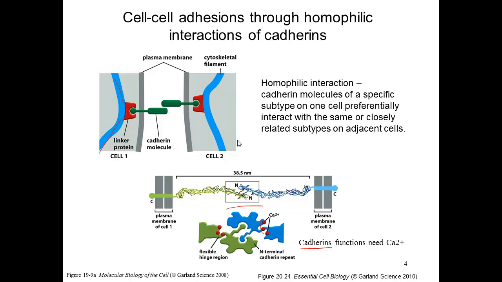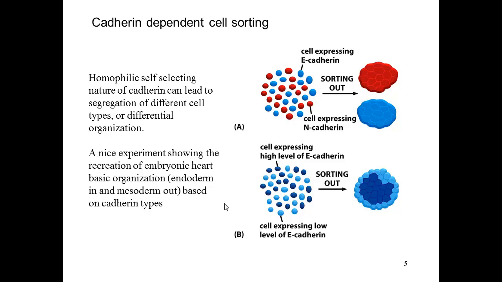Homophilic binding refers to the fact that these two molecules are the same, even though they're different colors. Because homophilic interactions match up cells of a particular type, you can have mixtures of cells arising from two different tissues, and these can then sort themselves out through self-association with the types of cells that they normally interact with for producing different tissue types.